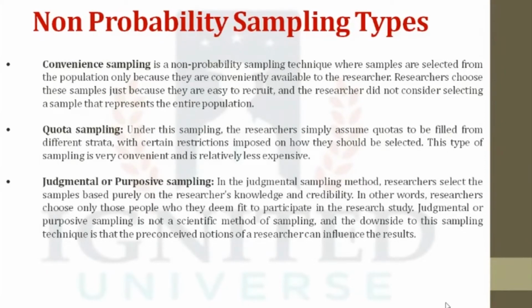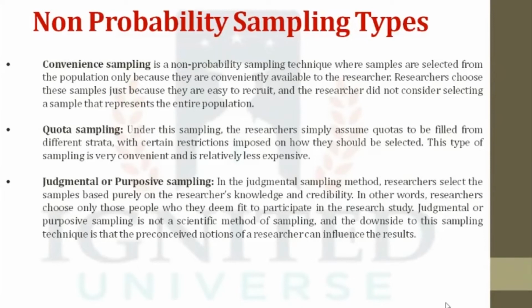In the judgmental sampling method, researchers select the sample on the basis of purely the researchers' knowledge and credibility. Judgmental or purposive sampling is not a scientific method of sampling, and the downside of this sampling technique is that the preconceived notions of a researcher can influence the results.